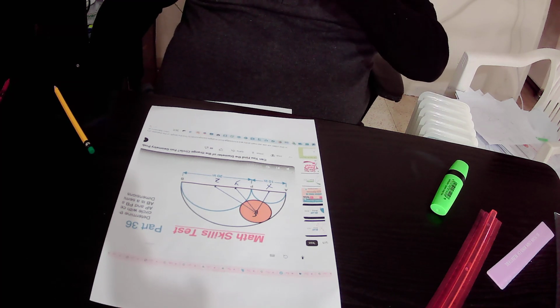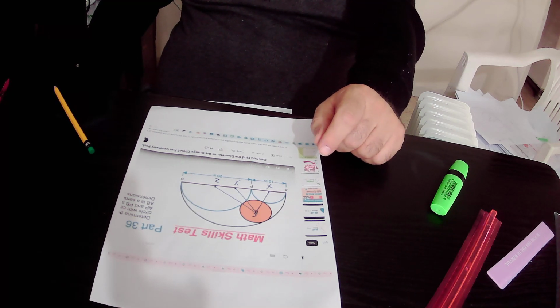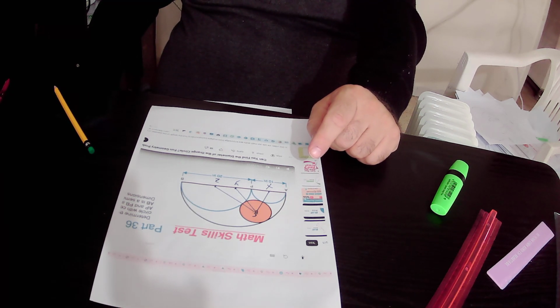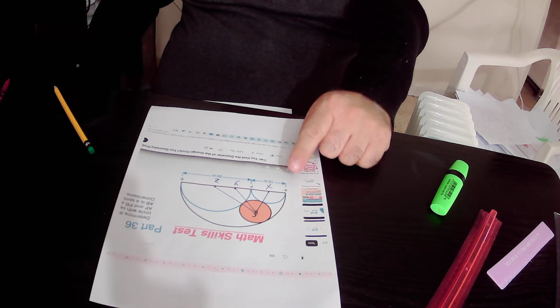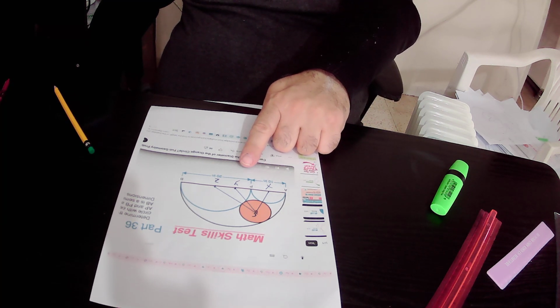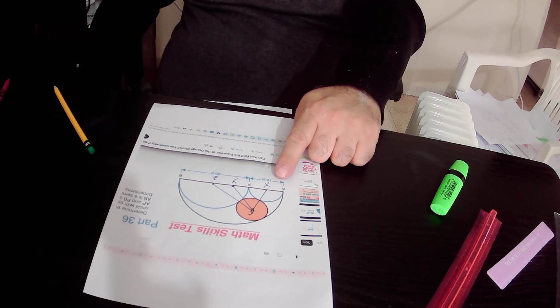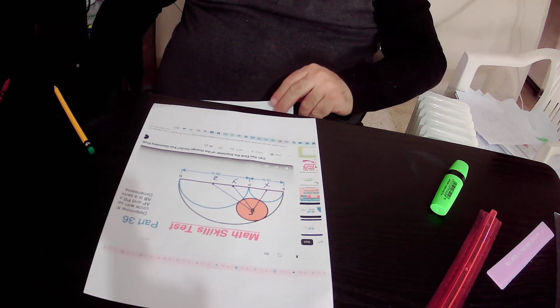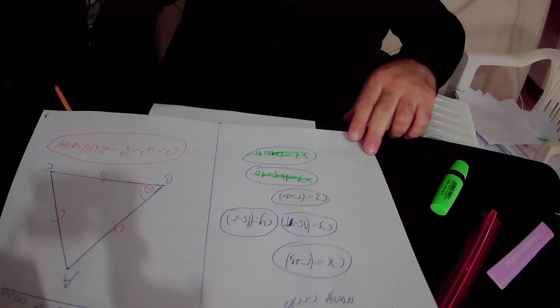Those two semicircles have an internal knot between them at this point. That is to say, they are touching each other internally at this point, point A. Therefore, the distance between their centers will be equal to the difference between the lengths of their radii. That is to say, it will be equal to the radius of the biggest circle, that is 15, minus the radius of the smallest semicircle, that is 5. So in conclusion, we found out that XY equals 15 minus 5, that is 10 units.